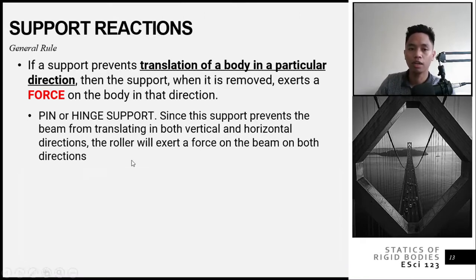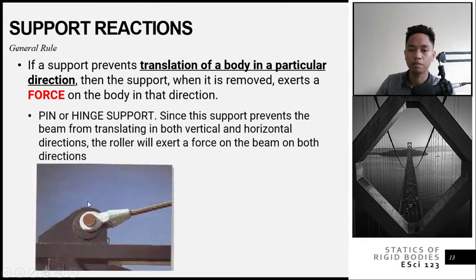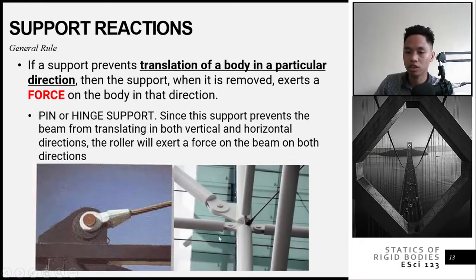Next na tong rule is this is an example of a pin nga support sa imong cable, mga cable stayed bridge. Alright, so naka-higot na siya, pwede na siya motuyok dito, pero dili nimo siya pwede ma-move or translate about the x and y direction. Also kani siya ang mga connections or bracings, so naka-pin na siya. So that is an example of a hinge or pin support.